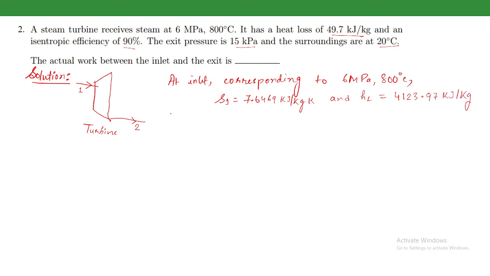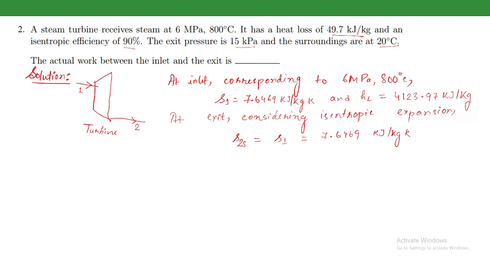At the exit, we are considering that the expansion process is isentropic. So S2s is equal to S1, and that is 7.6469 kilojoule per kg Kelvin.